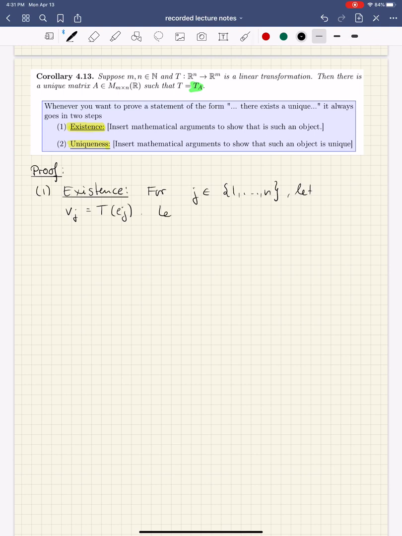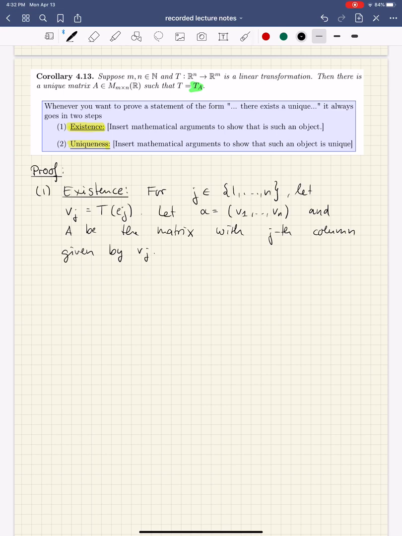And so now let alpha be equal to the tuple given by these Vj's, so V1 through Vn here. And then A should be the matrix again with the columns given by Vj, so A is the matrix with jth column given by Vj.